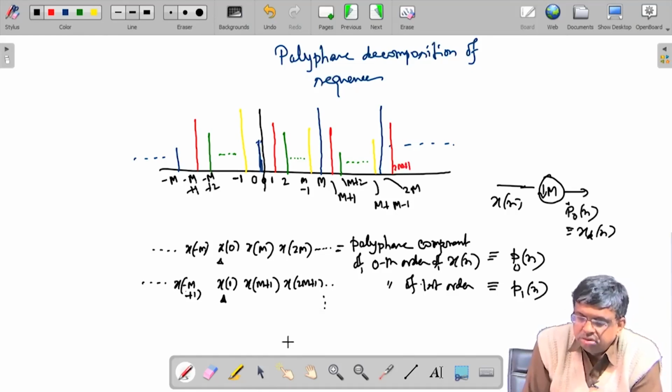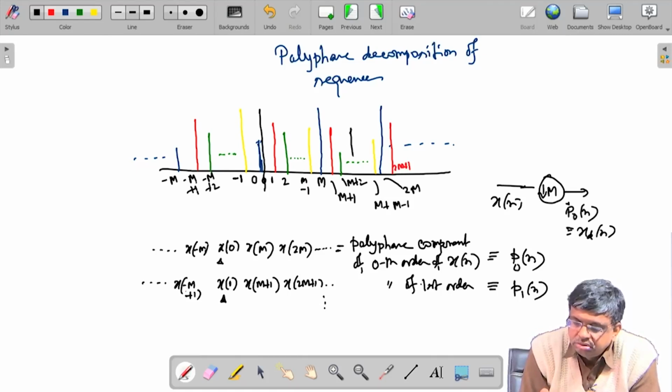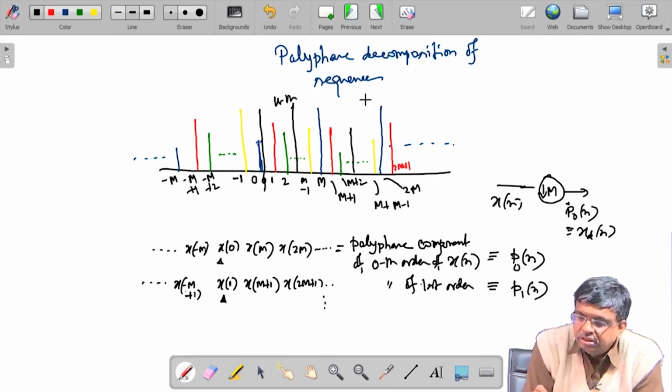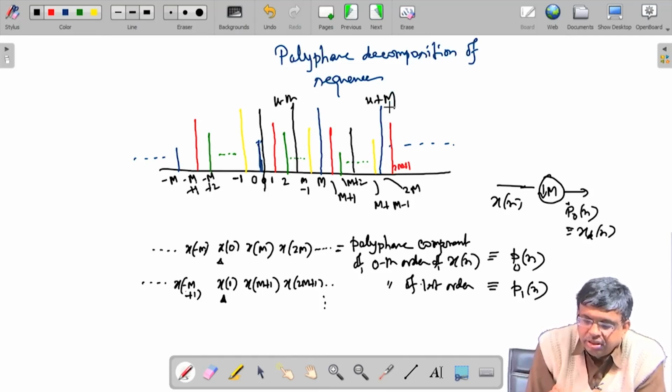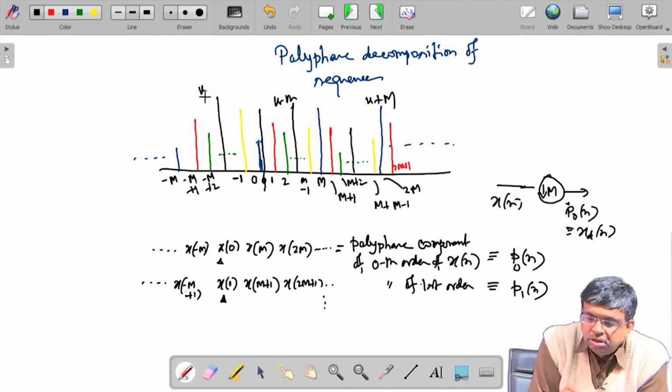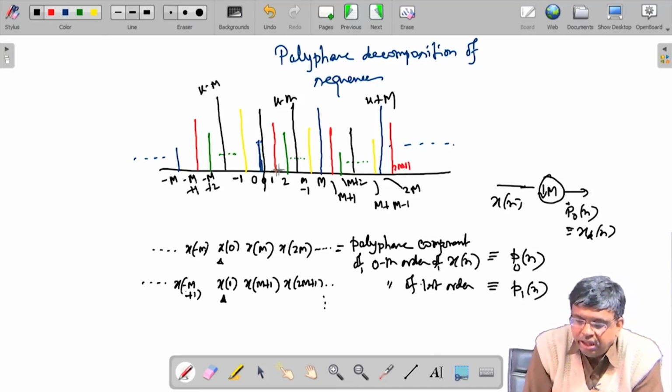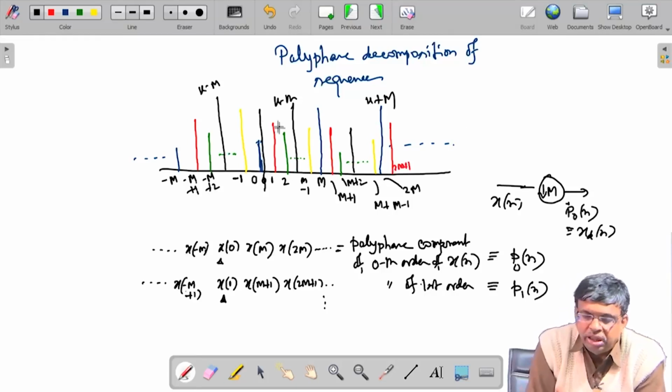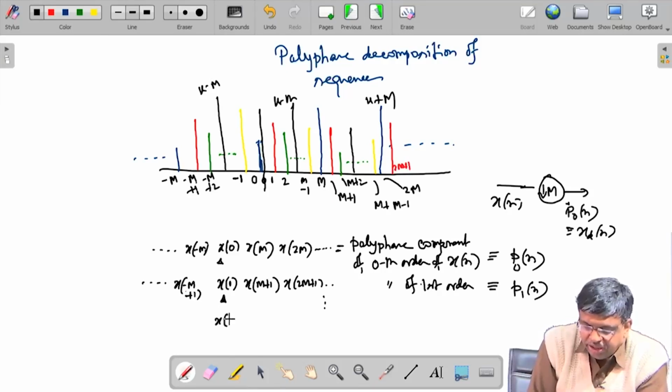In general, if I take a general term here, suppose this is the kth, this is the (k+M)th, and this is the (k-M)th, similarly k+2M and all that. So I take x[k] and put the origin here like I did.